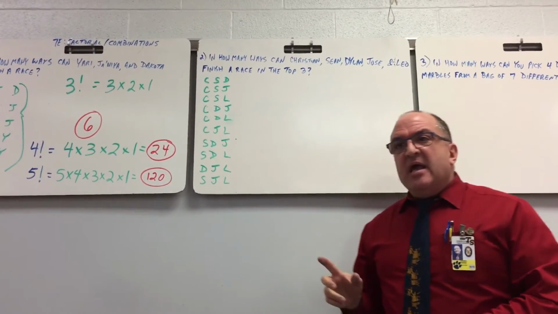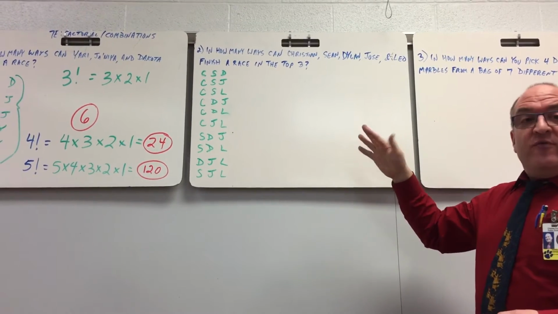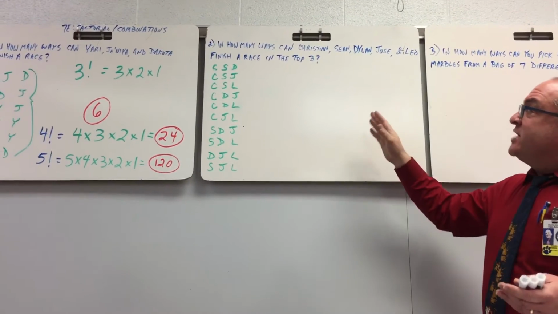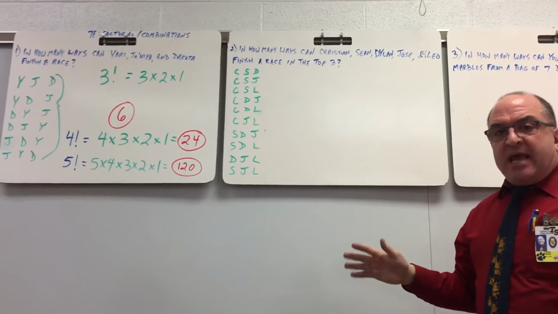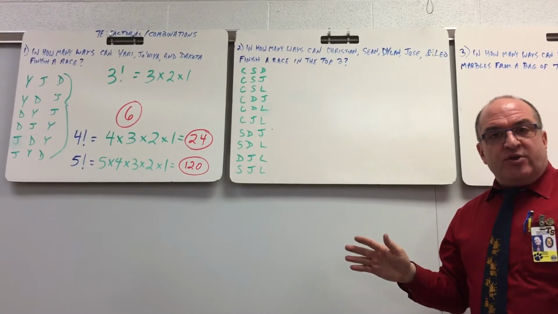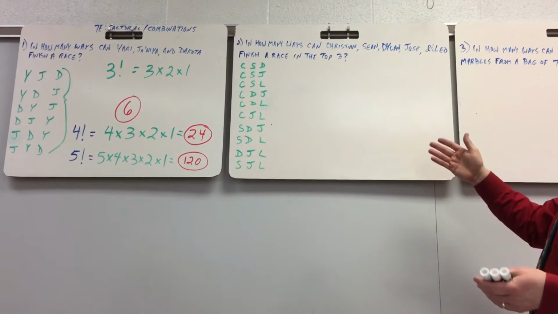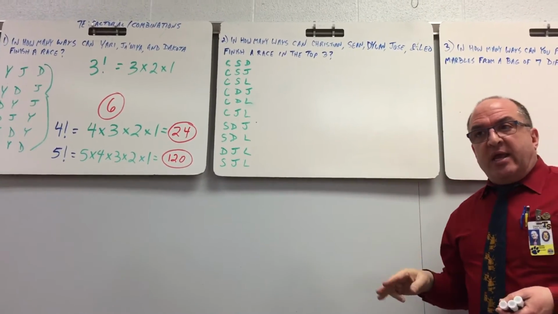Now, when I say finish in the top 3, I'm not talking about whether they're first, second, and third. I'm pretending for the moment that each of the 3 people win the same prize. So it doesn't matter whether you come in first, second, or third. So how many ways can 5 people finish in the top 3?